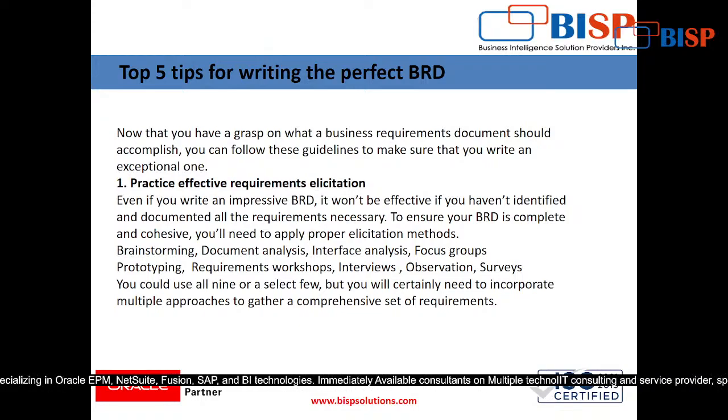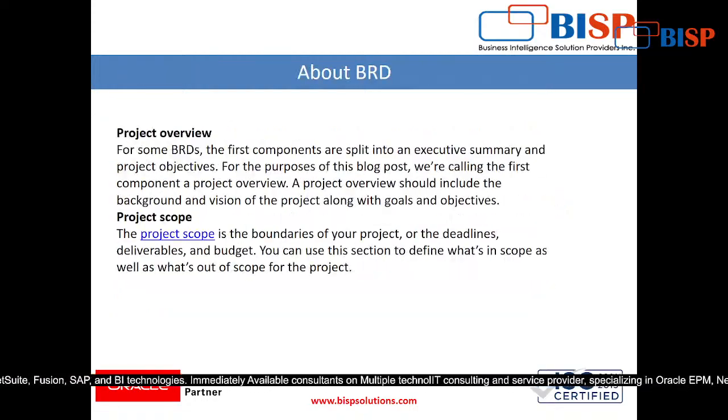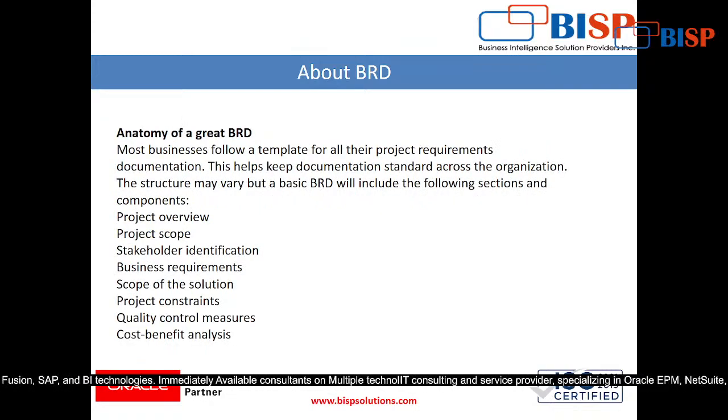Now let's talk about the tips for writing the BRD. Let's have a quick recap. In a BRD, there are 5 to 6 sections. First is the project overview. Then the project scope. Then the stakeholder identification, those who are interested in it. Then business requirements, scope of the solution, and project constraints.